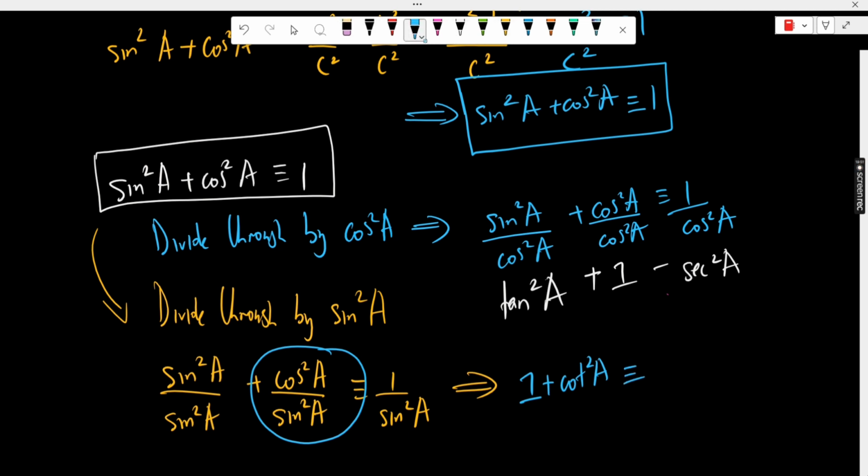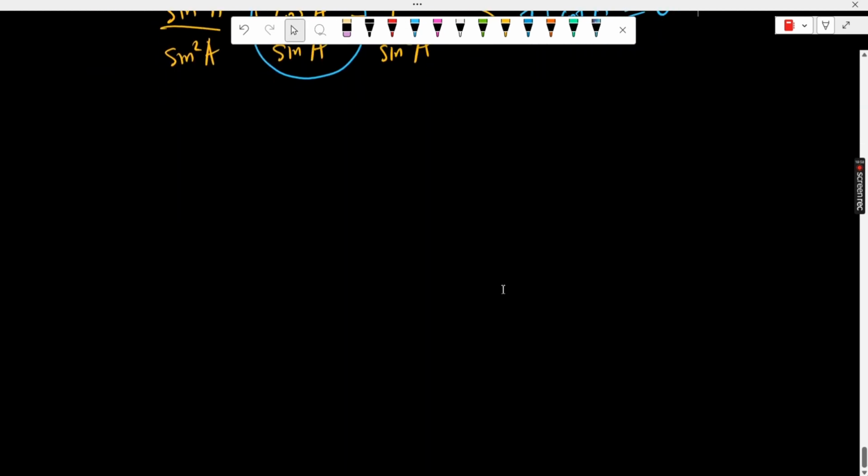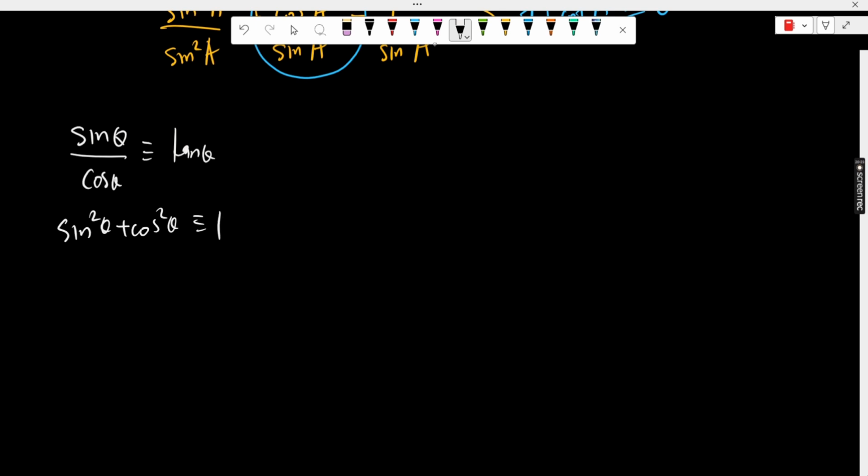So this, of course, will be equivalent to cosec squared A. So thus far, we have these identities. Let me jot them down. I'm just going to use theta instead of A, right? So we have sine theta over cos theta is equivalent to tan theta. We have sine squared theta plus cos squared theta is equivalent to 1.